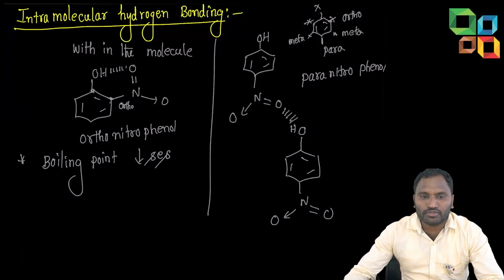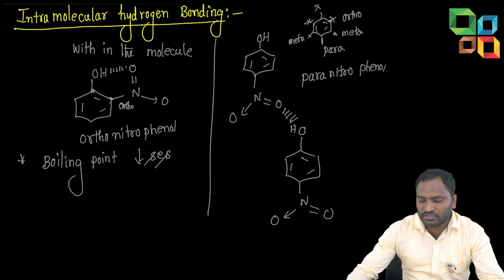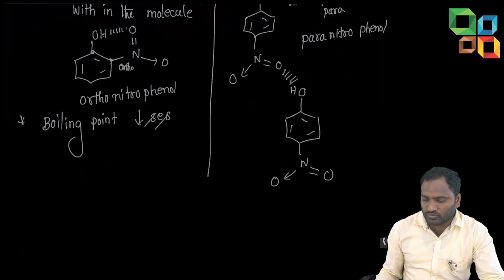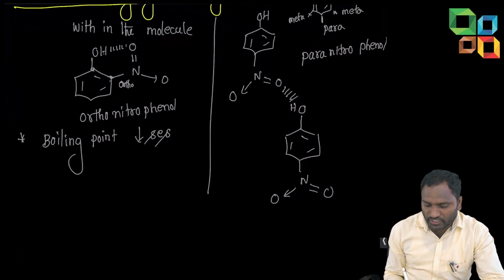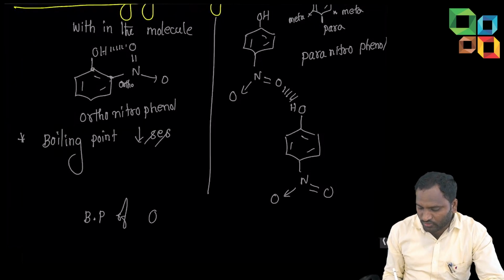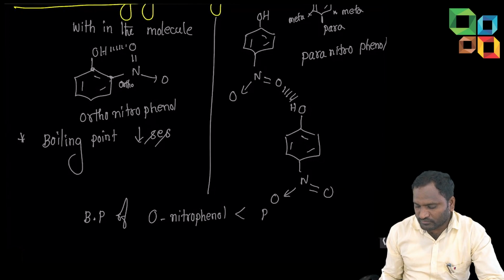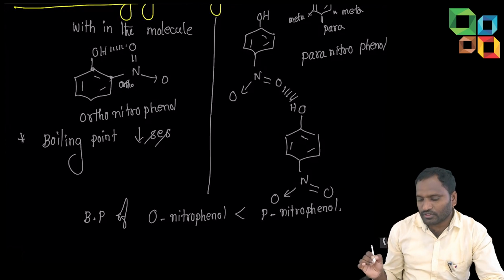In paranitrophenol, intermolecular hydrogen bonding exists. So the boiling point of O-nitrophenol is less than P-nitrophenol.